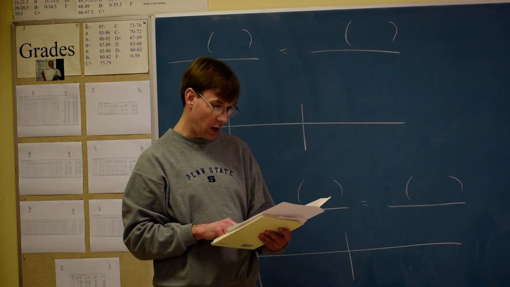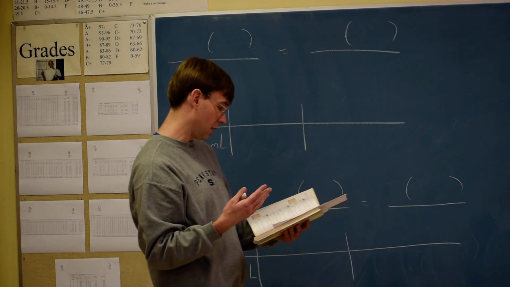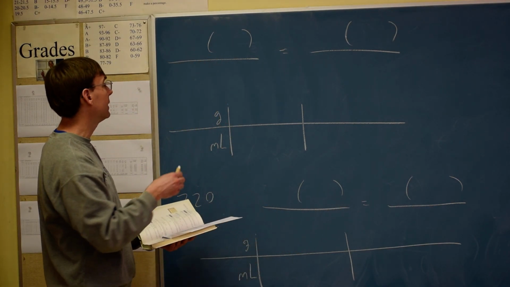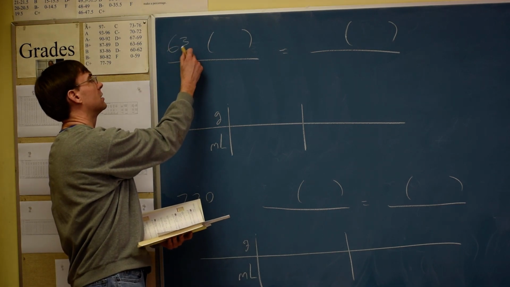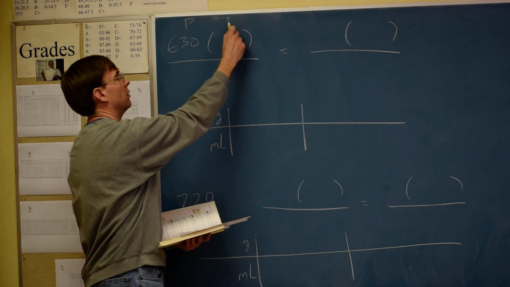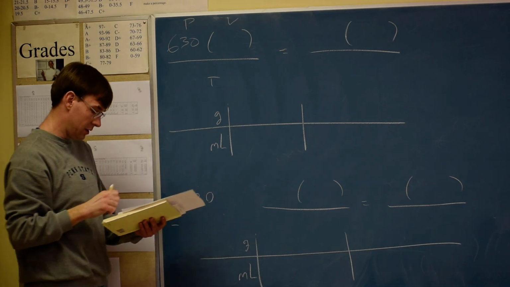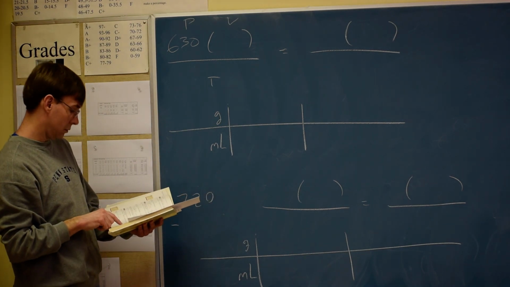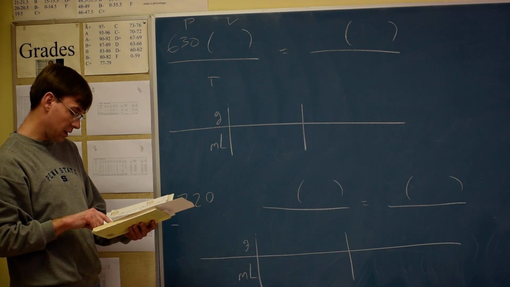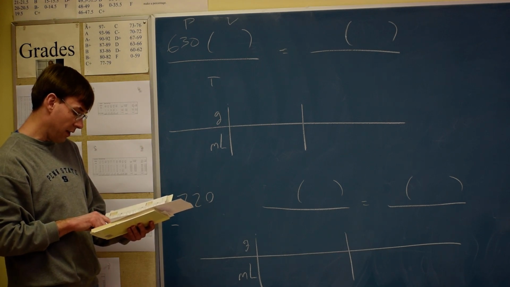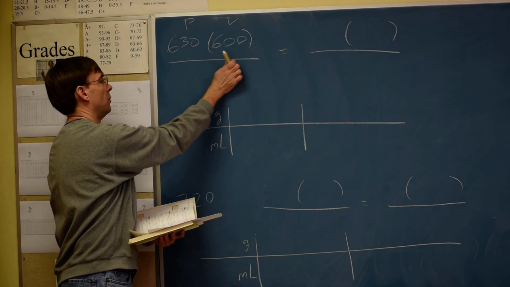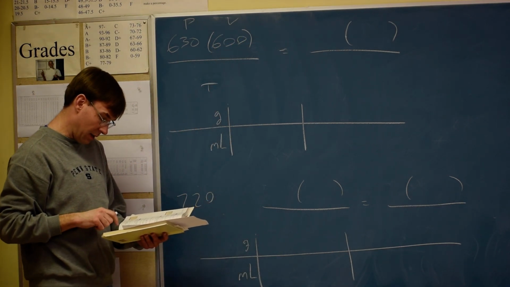We're going to start off with this question just doing the equation that we've been using. The 630 is a pressure, because we're doing PVs on top of Ts. So 630 torr is a pressure. The volume is 600, because milliliters, as always, measure volume.